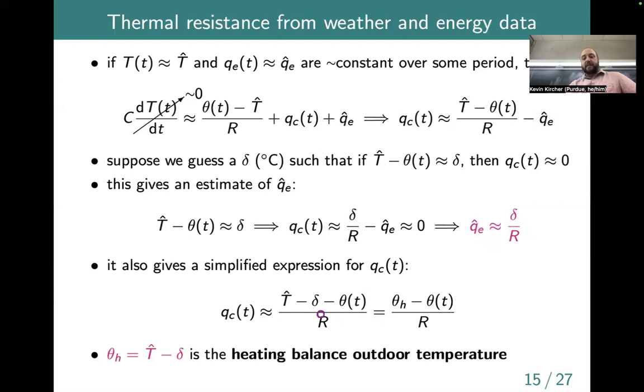Then we get basically only temperature terms in the numerator and a denominator that is only the resistance R. And then we define a new variable here, theta H, which is called the heating balance outdoor temperature. And that's just equal to the indoor temperature set point minus delta. So this theta H is basically the number that you guys shouted out, the number at which there's no heating needed in the house.